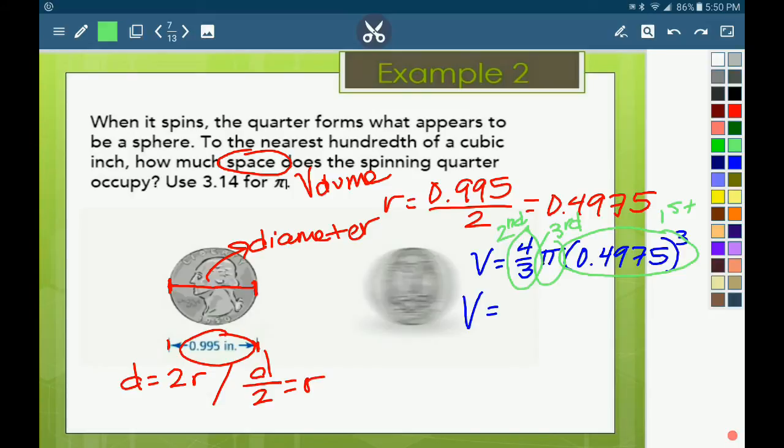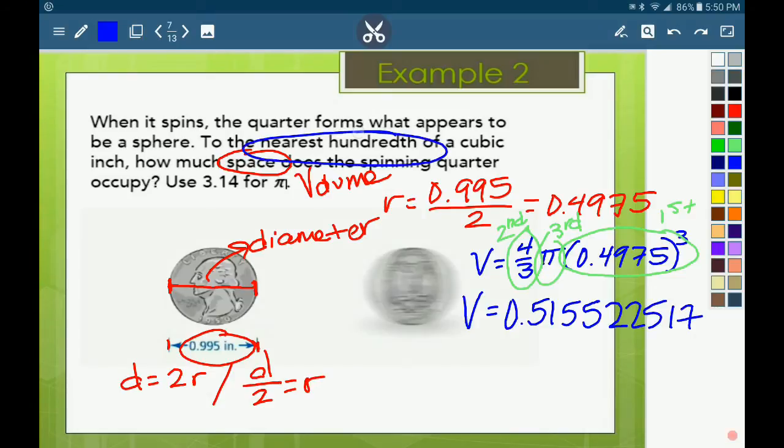So now I'm going to write down quite a few numbers and then round to what they're asking me to round to. Okay, so I've got 0.515522517. That should be enough numbers because the rounding directions say to the nearest hundredth.